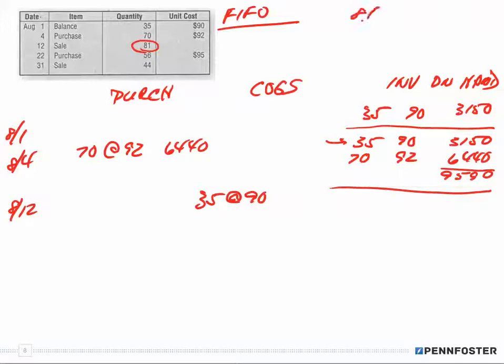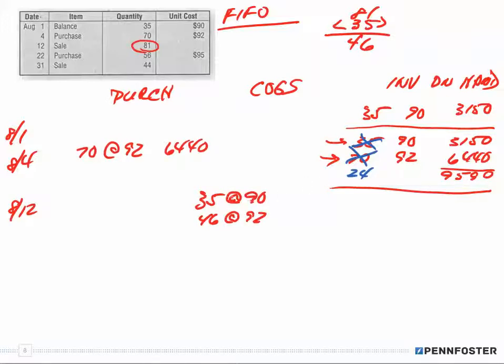And if I have 81 and I take out 35, I need to take out 46 more out of this 70. So I get rid of the 35 and I take out 46 from the 70, which means I will only have 24 left. So 46 at 92.